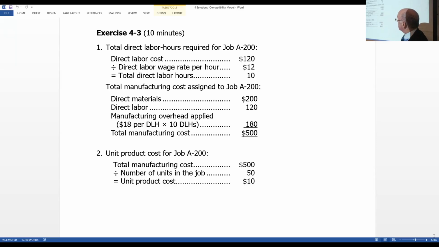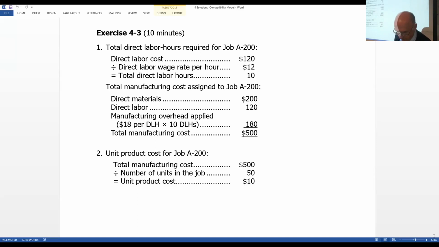Direct materials, that was given at 200. Direct labor was given at 120. Now all we have to do is figure out the indirect cost, manufacturing overhead. Well, we know that we're using 10 direct labor hours at 18 per hour. So 18 times 10, 180. We add that up. That's 500. So that's for part A.